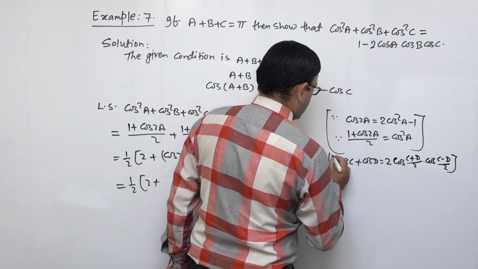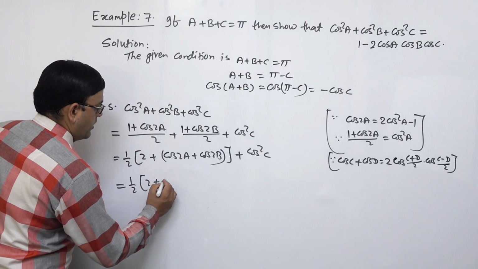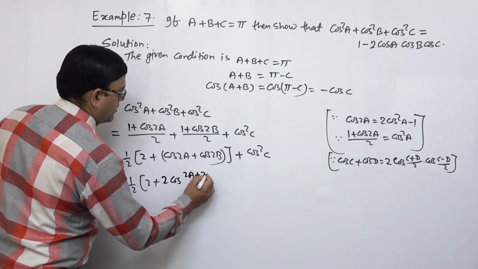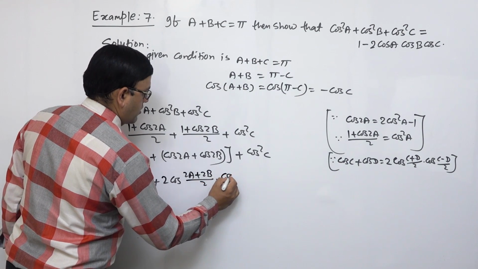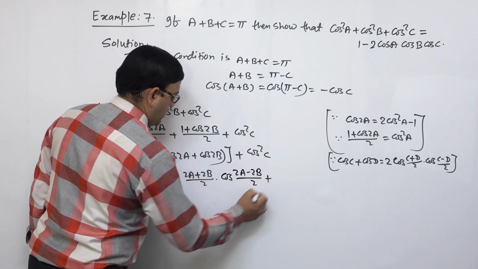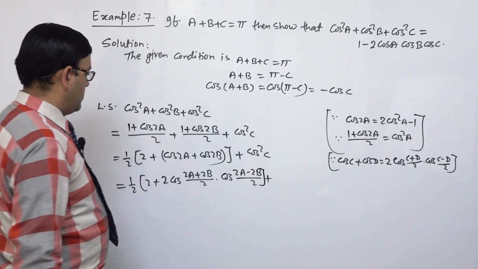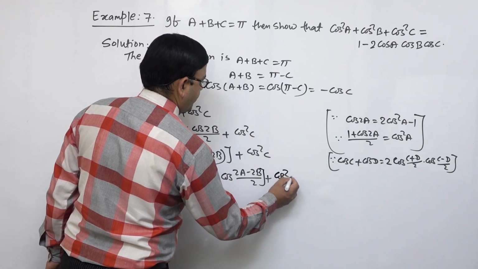This is the formula of cos C plus cos D. So using the same, 2 cos C plus D by 2 times cos C minus D by 2 plus, here is cos square C.